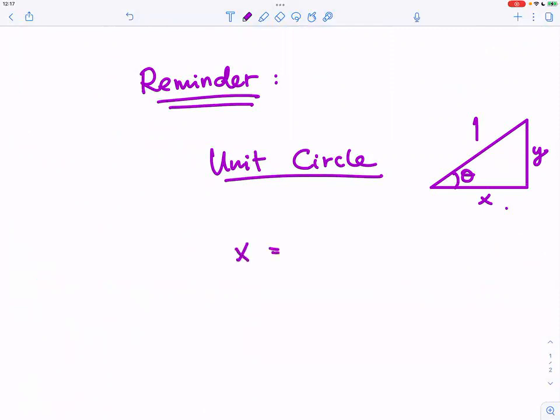And we said that x is equal to cosine theta, and y is equal to sine theta. Because cosine theta is adjacent, which is x over 1. So x is equal to cosine theta. And y is equal to sine theta because sine theta is opposite, which is the y side, over 1. Okay?